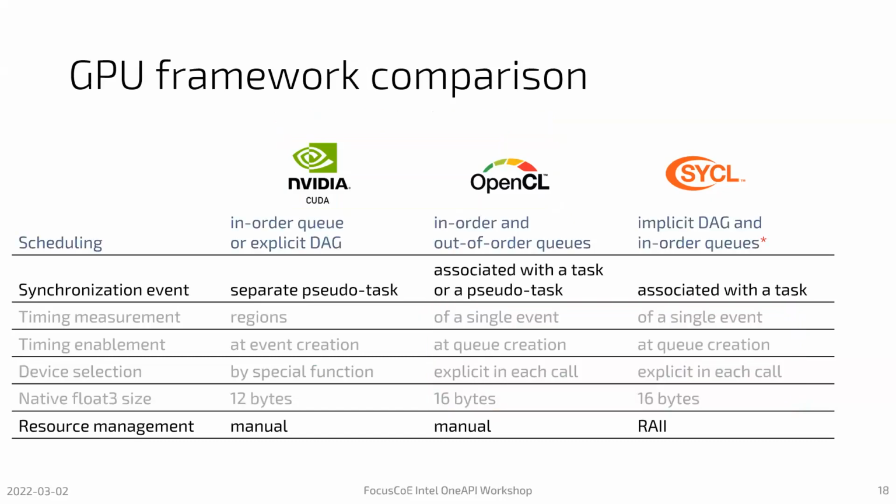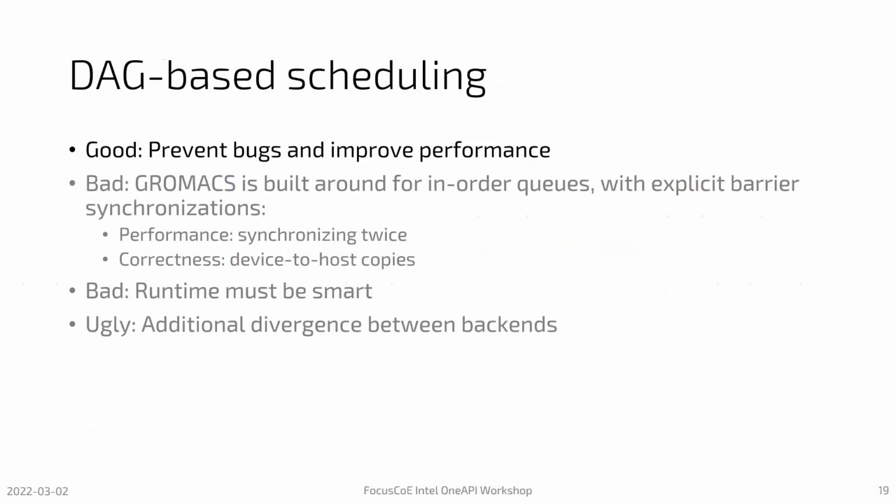Now the scheduling. That is handled differently in SYCL and OpenCL. So we had to actually do some research and make some hard decisions. In theory, DAG-based scheduling is really good. It prevents concurrency bugs by ensuring that all the tasks run properly, and by automatically specifying which data is needed where, you ensure there are no data races or other problems.